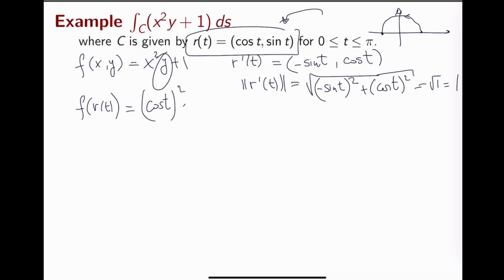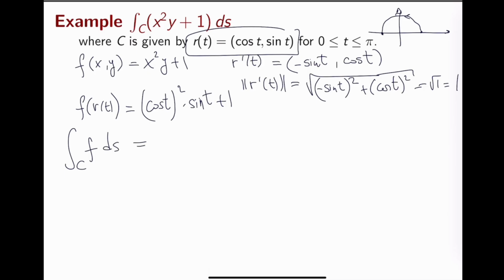Well, y is sine of t, so that will be times sine of t, and then plus 1. That will be the evaluation of the function at the curve. So we have the two things that we need to multiply, right? This numerical expression and this one. So the line integral will be the product of these two.